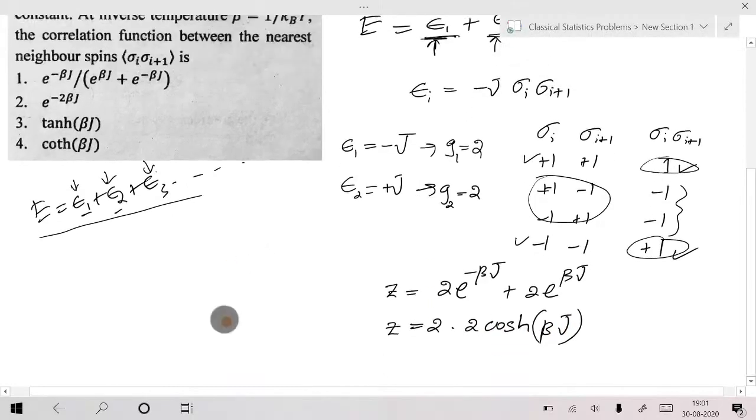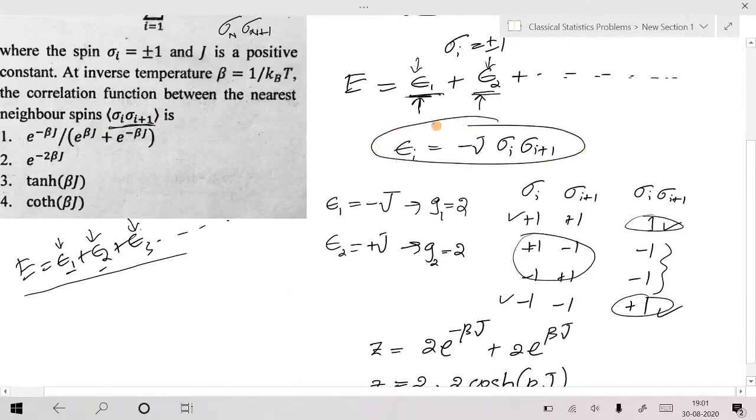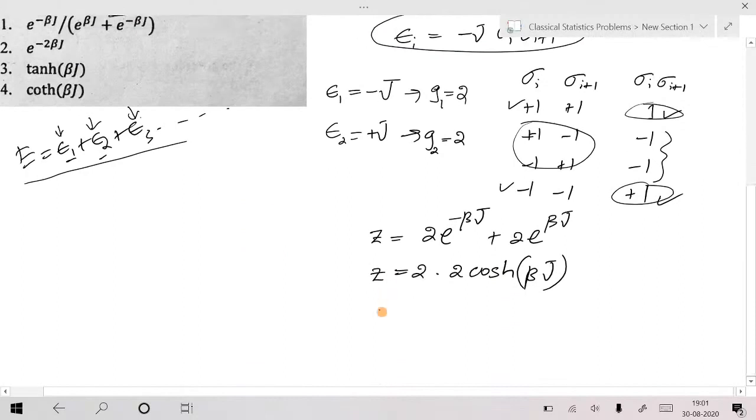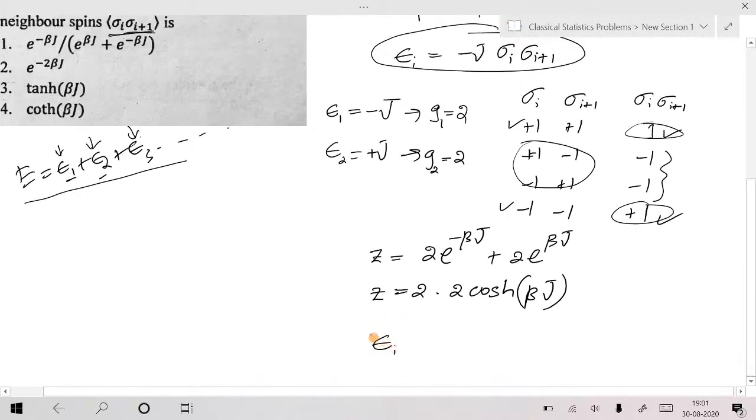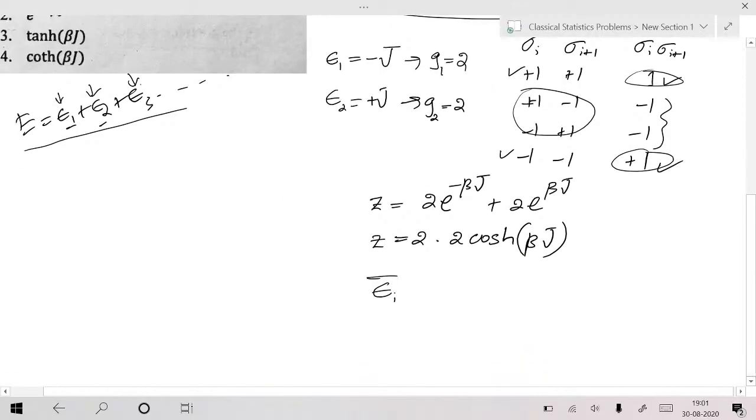Now look at here, he is asking for the average of this one. Am I right? The average of this one is nothing but the average of some one-particle energy, isn't it? Let me write it like this: E is equal to minus J into sigma I plus 1.